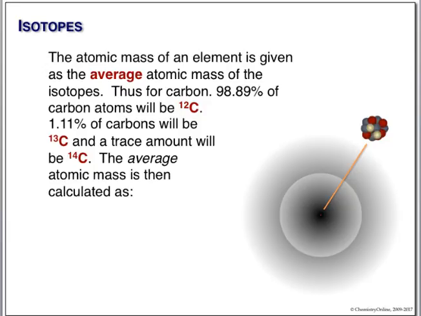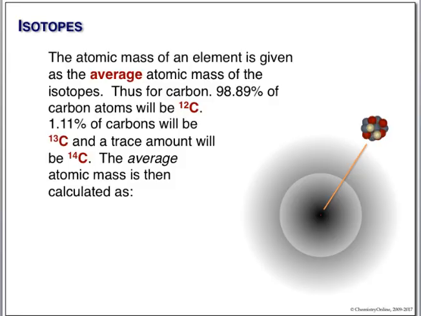What you do is look at the natural abundance. That is, how much of carbon exists as a given isotope. For carbon-12, it's 98.89%. 1% is carbon-13, and a trace for 14.